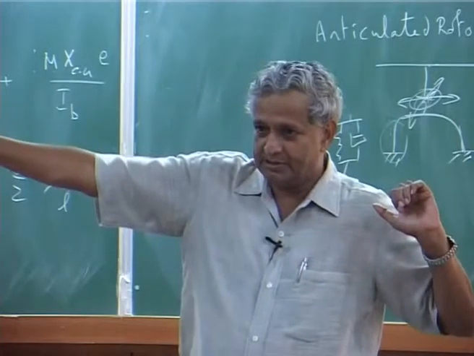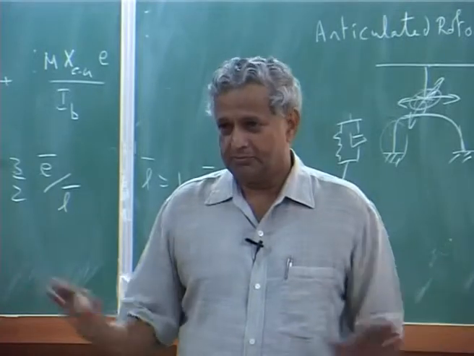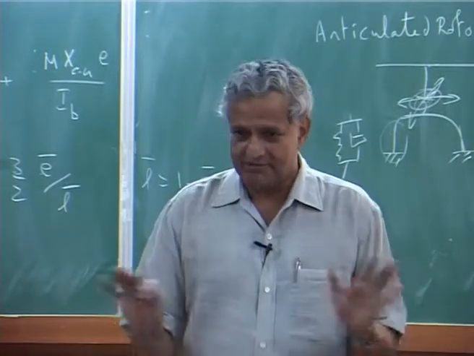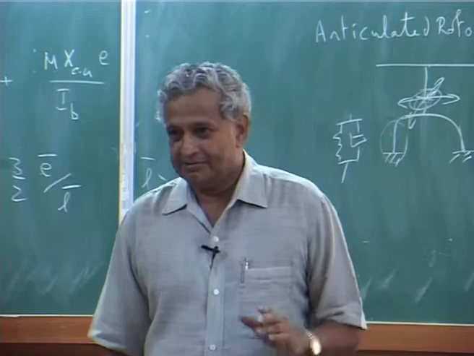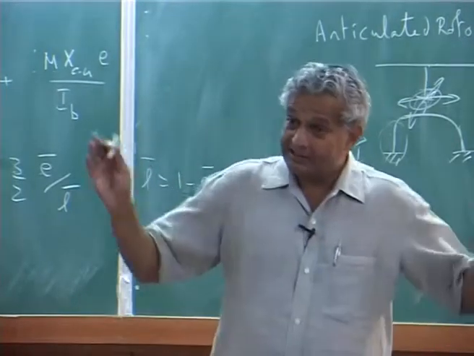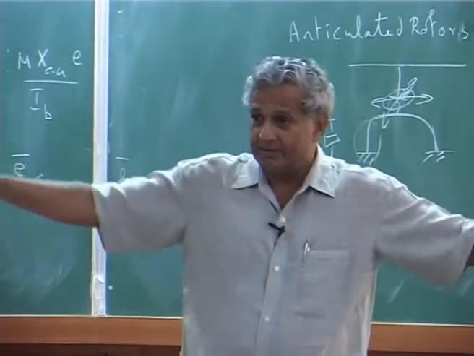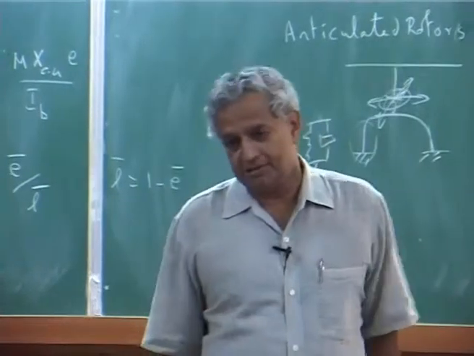But the tilt rotor program, for your information, was wound up, shelved just 2 years back. They had this problem because the rotor is rotating, the wing can vibrate, and it gets into all sorts of instability problems.